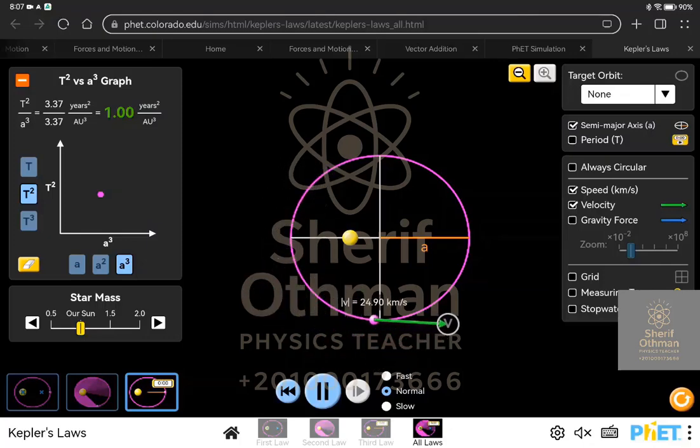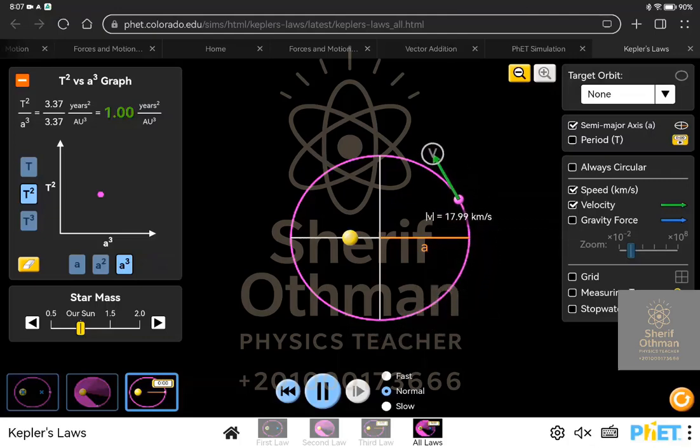So T squared over A cubed, T squared is the periodic time. A cubed, we can replace A by R as the radius of motion, cubed, have the same value.